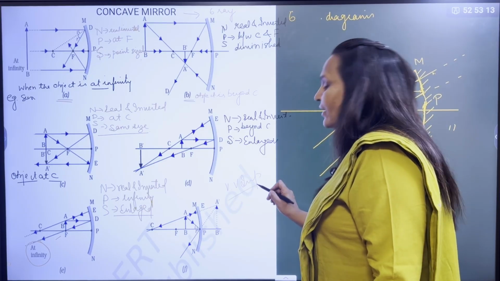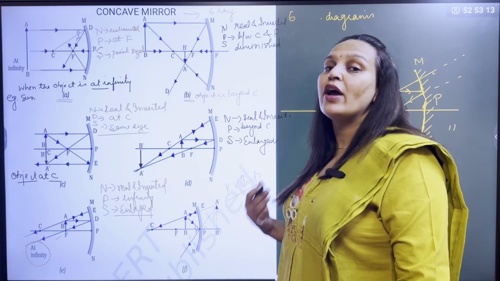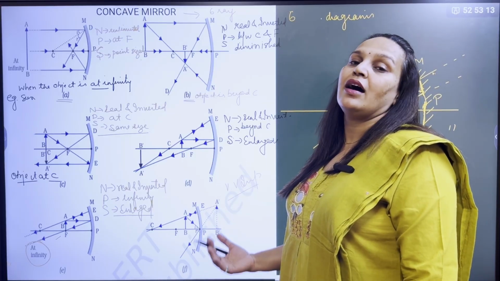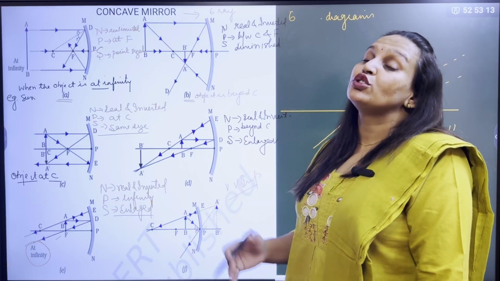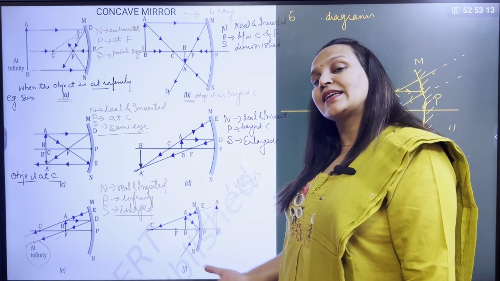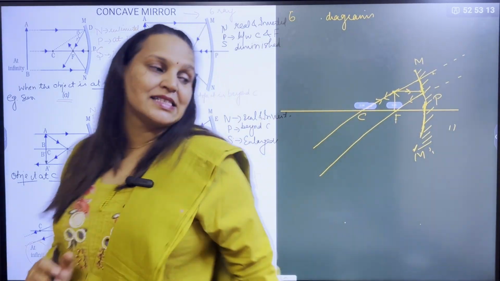They relate the ray diagram with the numerical also. They will give you the incident ray and you have to complete the ray diagram, or they can give you the position, or they can give you 4 options and you have to choose the correct ray diagram. They can ask in any way. Chalo. What is the position of the object in the sixth ray diagram?